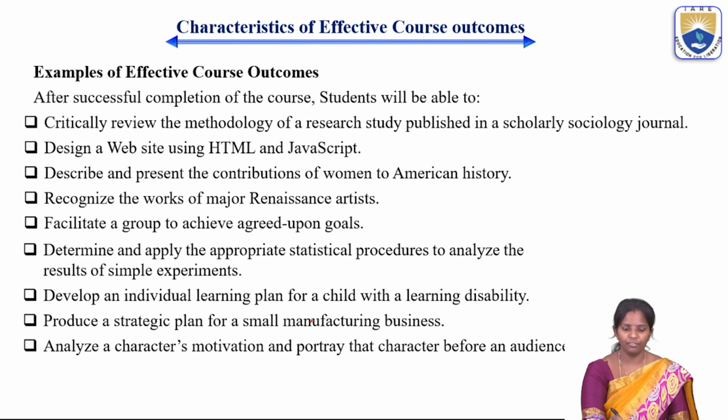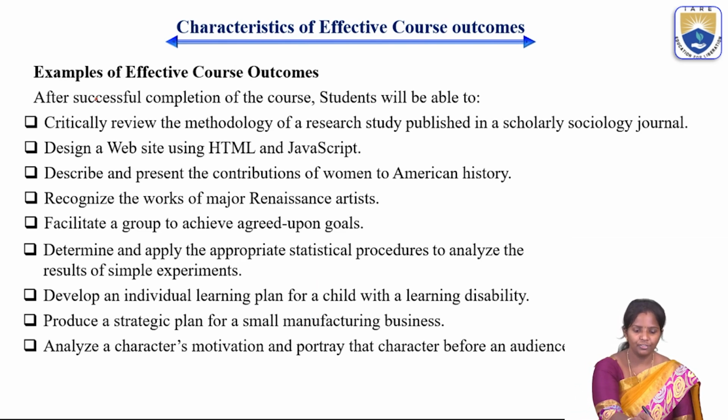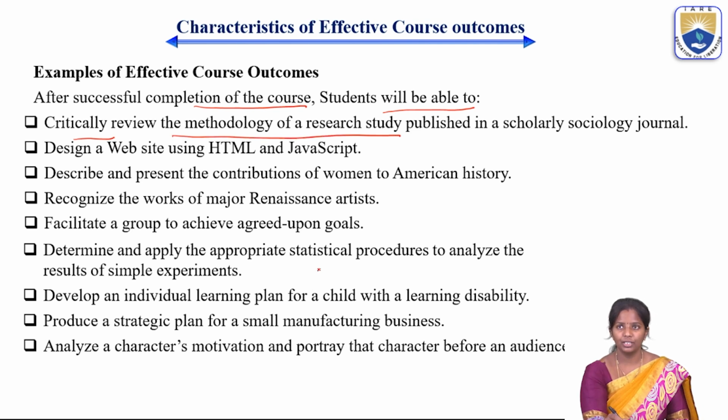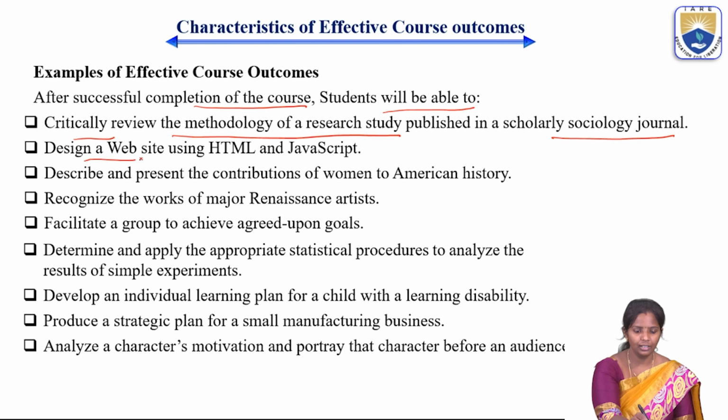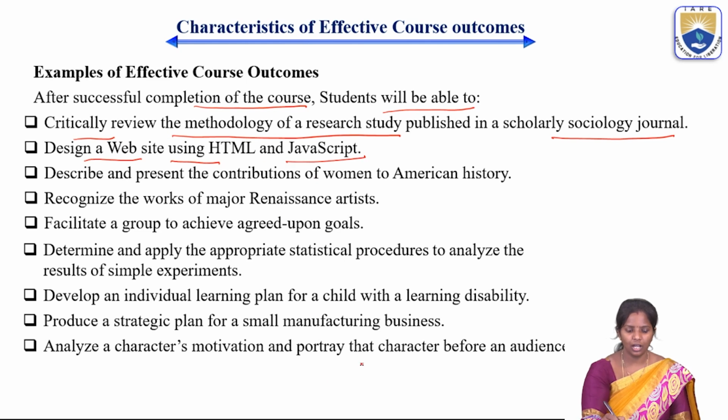So the examples of course outcomes are: after successful completion of the course, students will be able to critically review the methodology of a research study published in a scholarly sociology journal. This is one example of how we write the course outcome. Then design: the student will be able to design a website using HTML and JavaScript. This is how we formulate or phrase the course outcomes.